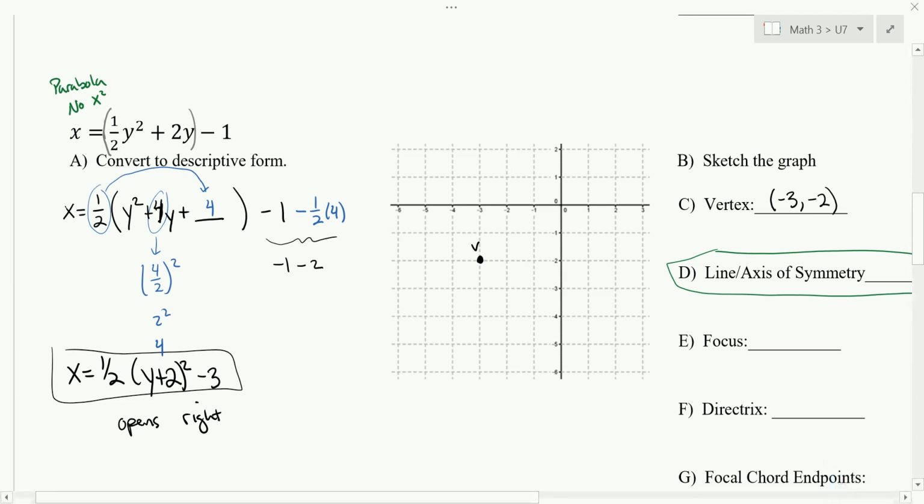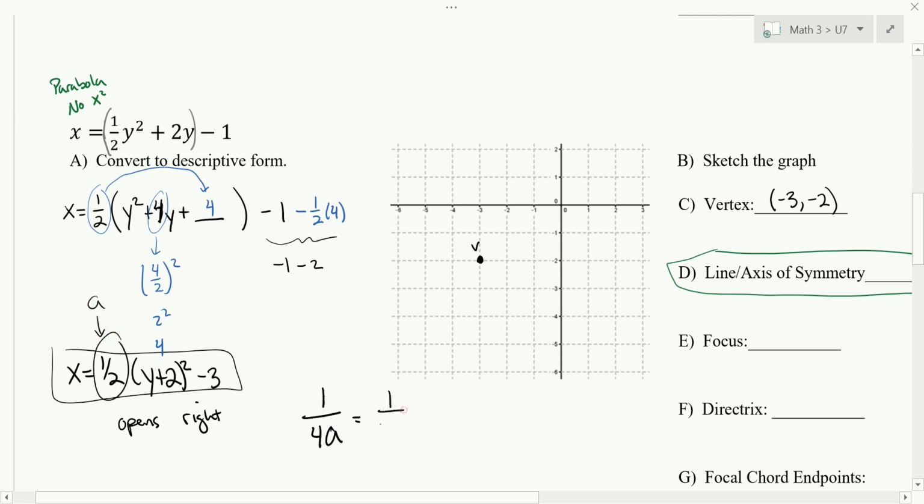Okay, so to find the focus, what do we have to do first? You got to find what? The distance from the vertex to the focus. And how do you find the distance from the vertex to the focus? There's a formula, 1 over 4a. And what is a? A is the 1/2 right here, okay?